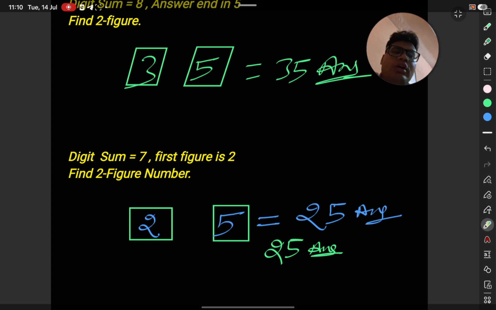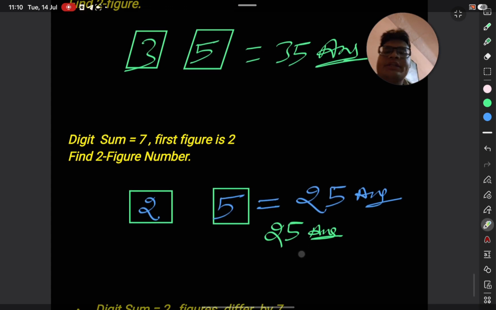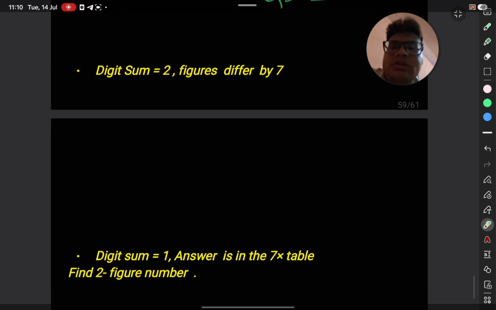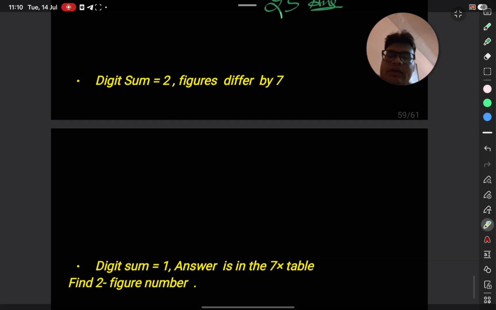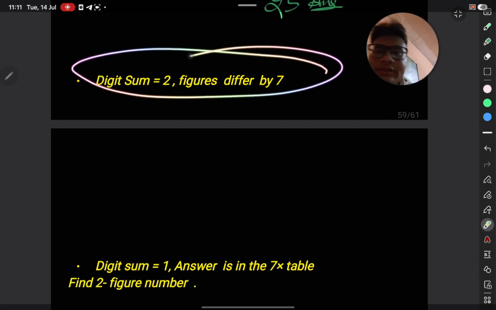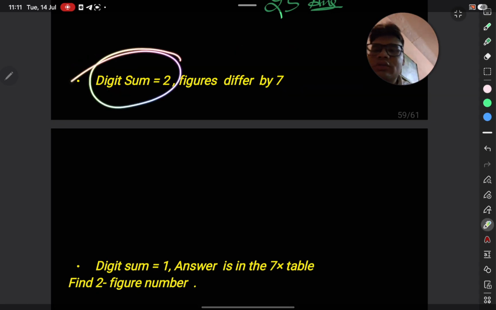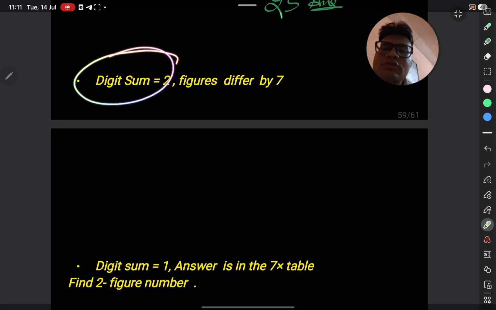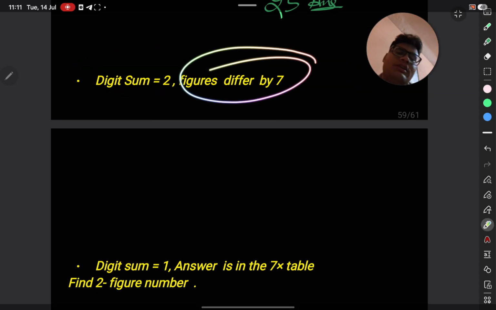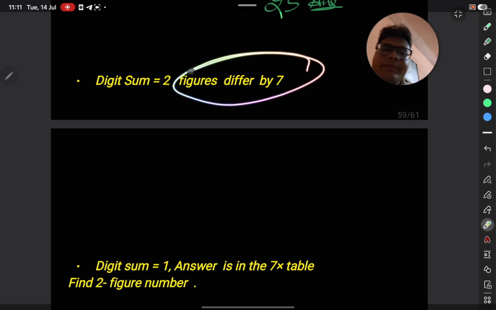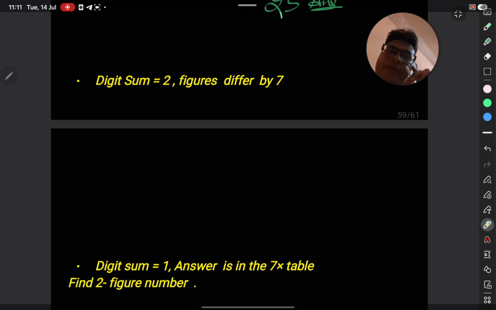Now we are moving on to the next example to understand this topic. Here the digit sum is 2 and the figures differ by 7, and we have to find the two figure number.